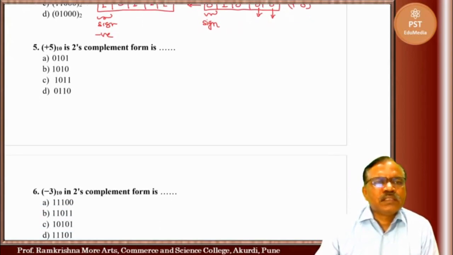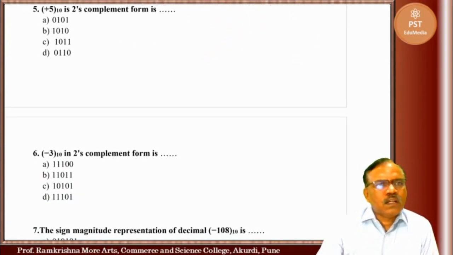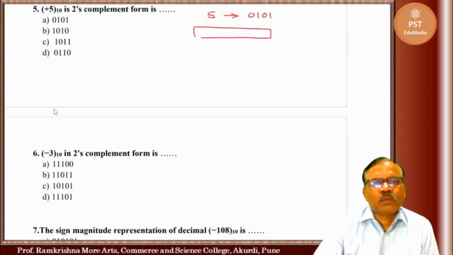Now plus 5 in 2's complement form. So 5 we know is 0, 1, 0, 1. If we take a 5-bit register, so here 0, 0, 1, 0, 1. So it is plus 5.